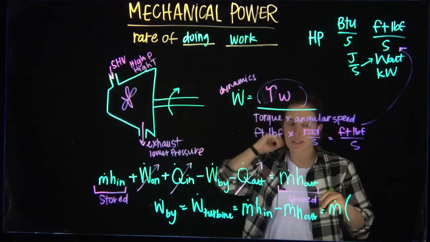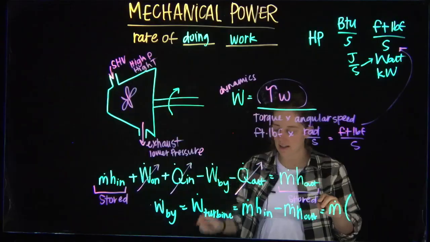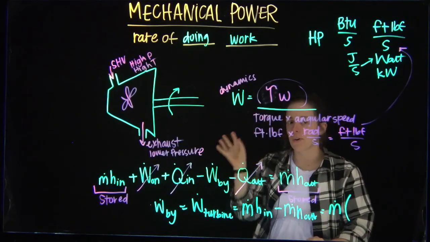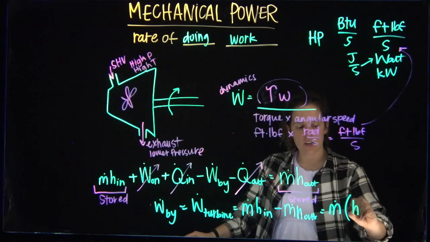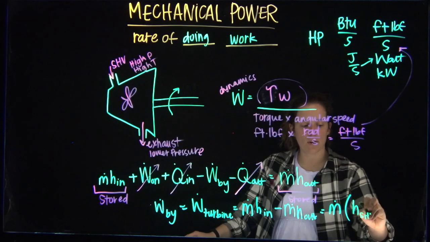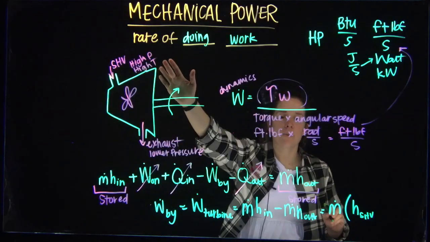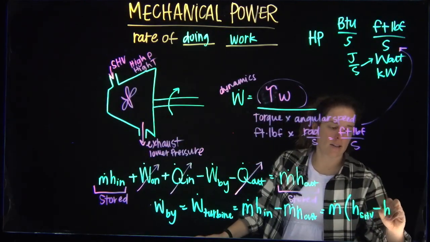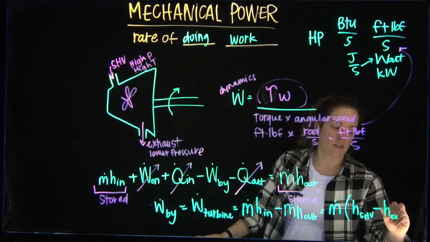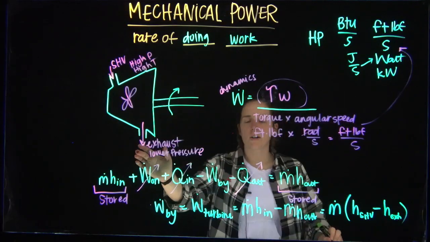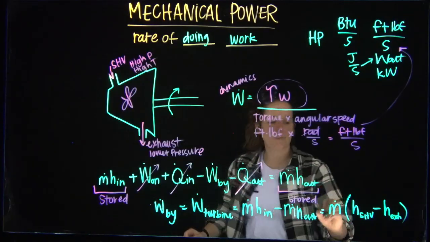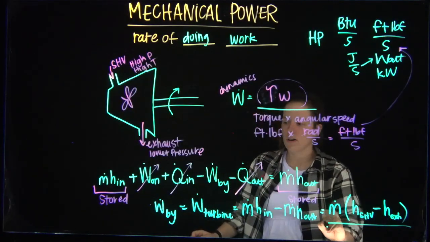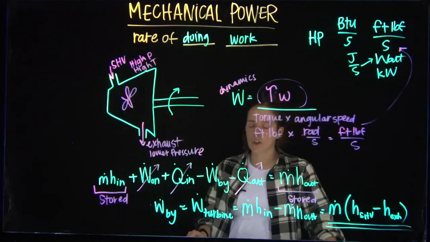Again, going back to fluids, conservation of mass, our mass flow rate in is going to have to equal our mass flow rate out if we're running this at steady state. And so you're going to have the H of the superheated vapor, or the high pressure, high temperature steam up here, minus the H of the exhaust, which is again a lower pressure, lower energy fluid coming out. And so that's going to be our equation for finding the work by a turbine.